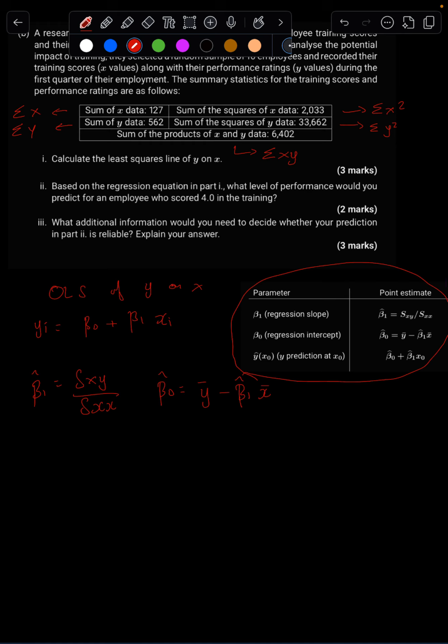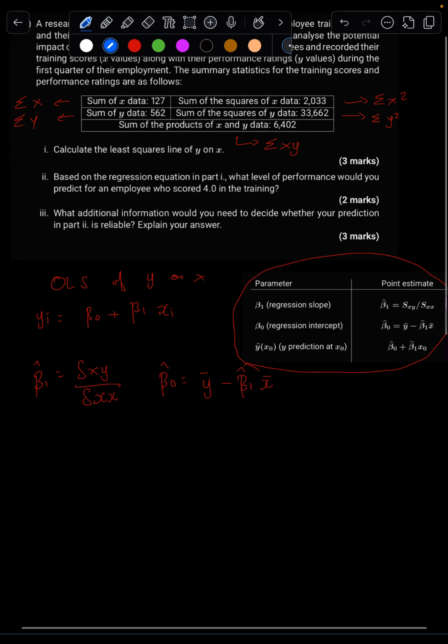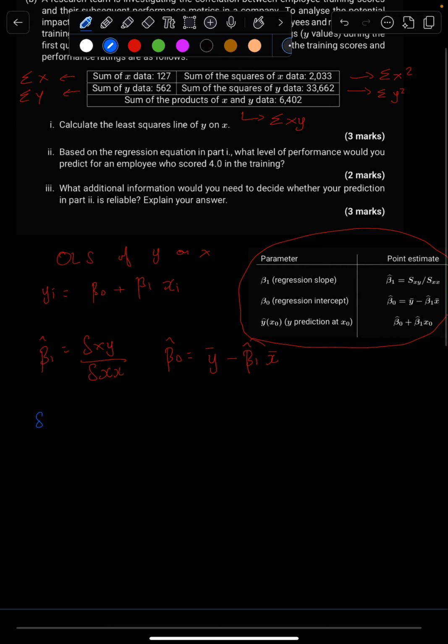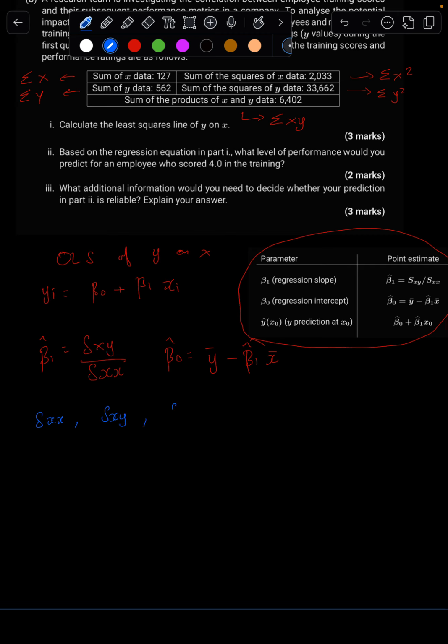This is all preliminary information, but your first step, again, just memorize this. Your first step is going to be to calculate the sxx, the sxy and the syy, because using these things we can calculate this stuff.